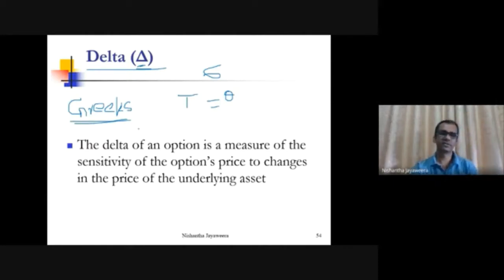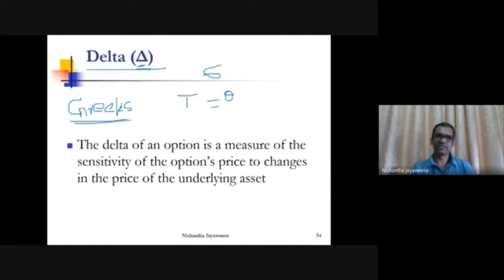What we are going to discuss here is a few relationships again, between the option price and the underlying price, and how sensitive these are.